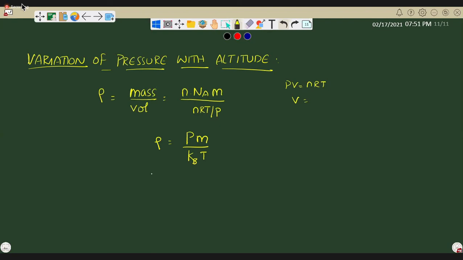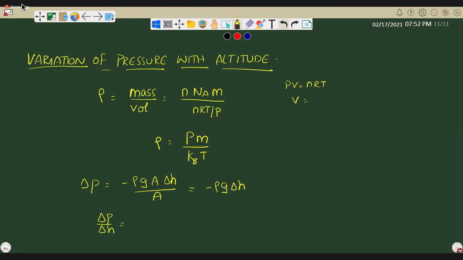Now I know my delta P is nothing but minus rho g A delta h divided by area. So area and area get cancelled, and this will be minus rho g delta h.